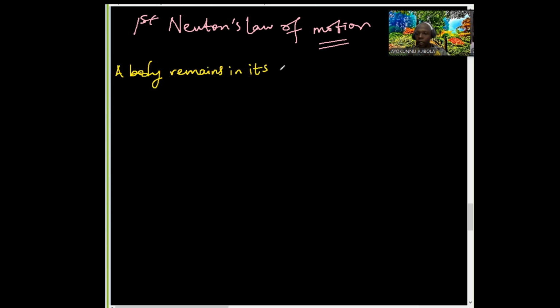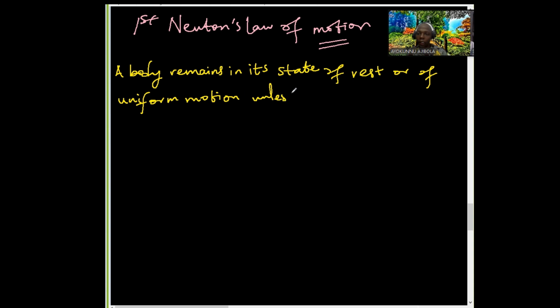Newton's first law: a body remains in a state of rest or of uniform motion in a straight line unless it is acted upon by an external force. Anything uniform is linear.